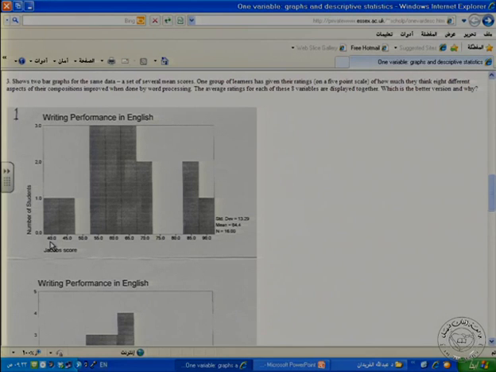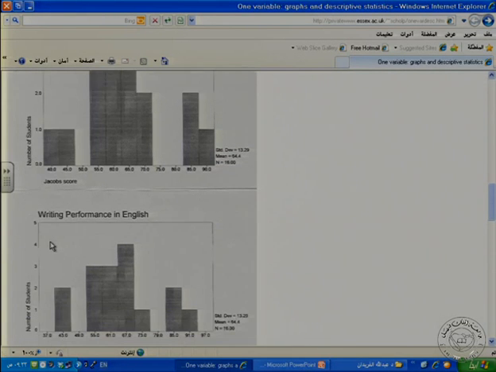So think about if you do a real research involving a lot of data. Just from 1 exam, you got this graph showing you a lot about your students.